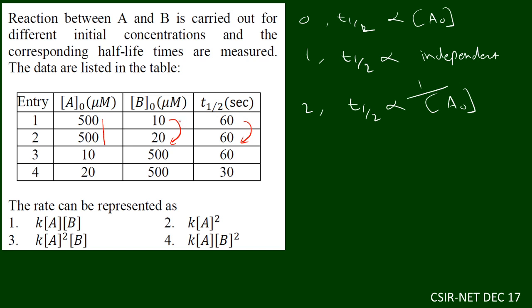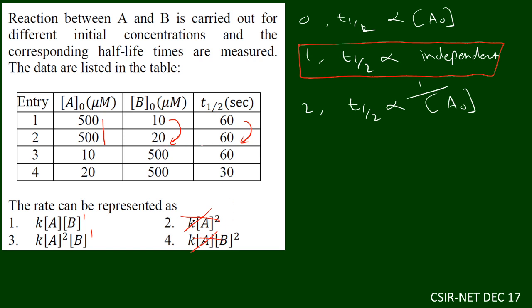It indicates that the half-life is independent of concentration. This is true for first order reaction. With respect to B it is first order, and first order is given in the first option and third option. Therefore, option second and option fourth can be cancelled.